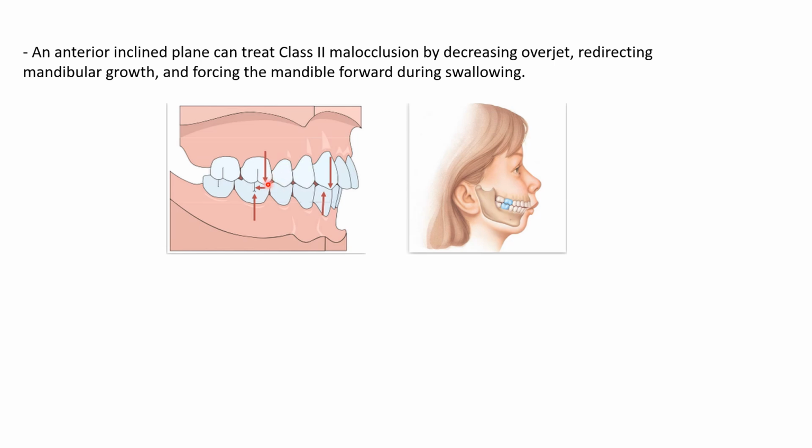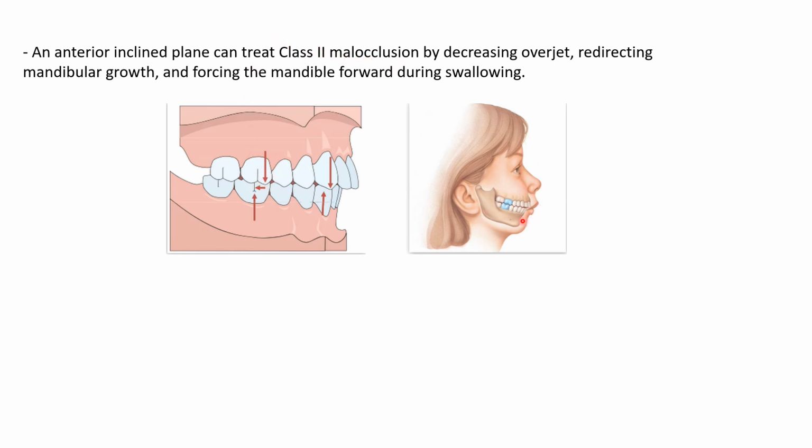It is supposed to be here, but now it is not. Instead, it is a little behind. The maxillary buccal cusp is in between the premolar and the first molar. So this is called class 2 malocclusion.